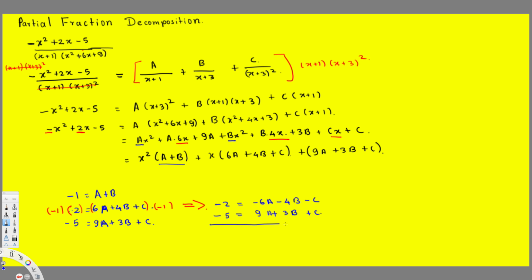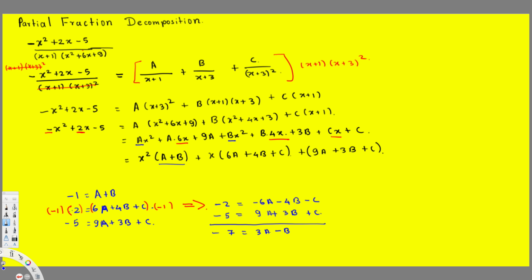If we add them together, we get minus 7 is equal to 3a minus b, and c will be eliminated. Still we have 2 unknown variables.